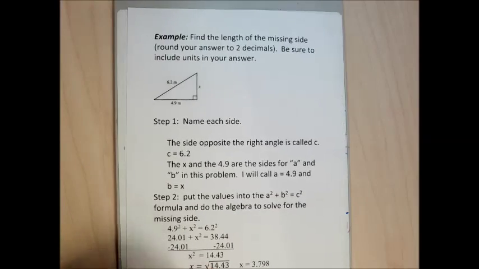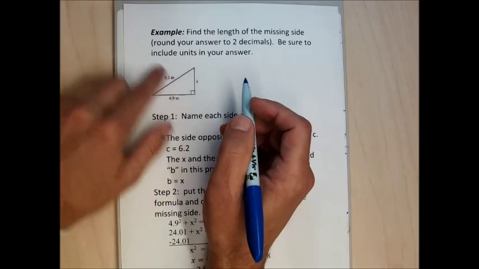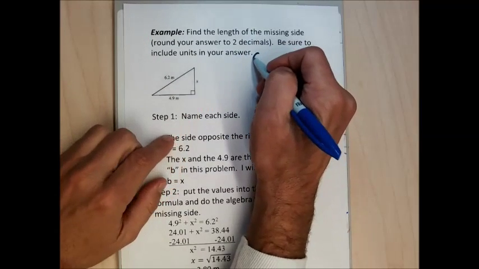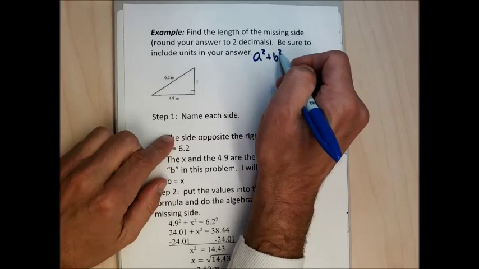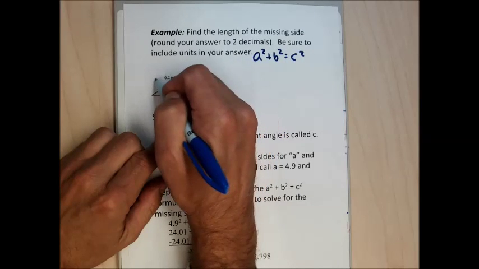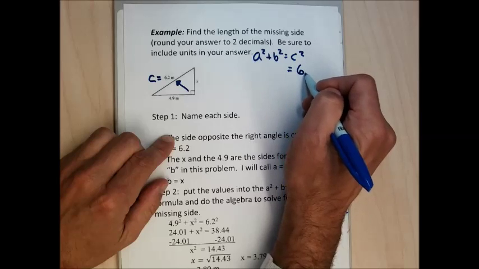Here's another example. Let's find the length of the missing side. It's already worked out for you, but I'll work it out again. So to find the length of the missing side, I have a right triangle, so the Pythagorean theorem of a squared plus b squared equals c squared holds just fine. The c is the side opposite the right angle, so in for c, I'm going to plug 6.2.